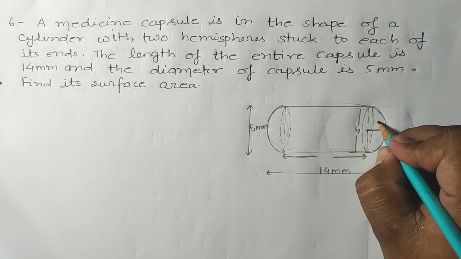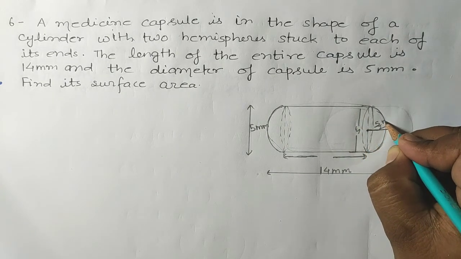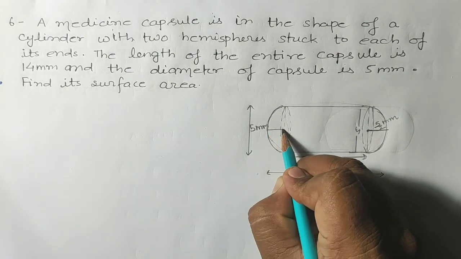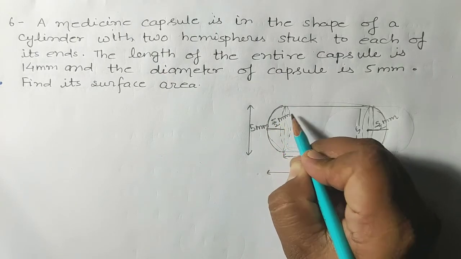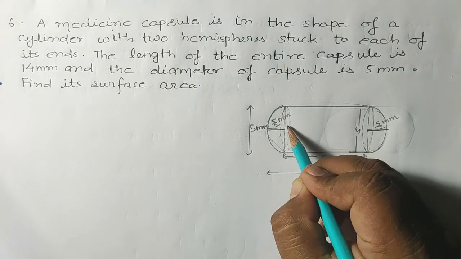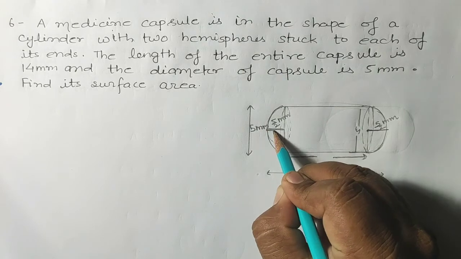So its radius will be 5 by 2. If the diameter is 5, then its radius will be 5 by 2 millimeter. Here also this length is 5 by 2 millimeter. Are you getting my point? This is the diameter, so the whole diameter is 5 millimeter, and this is the radius.